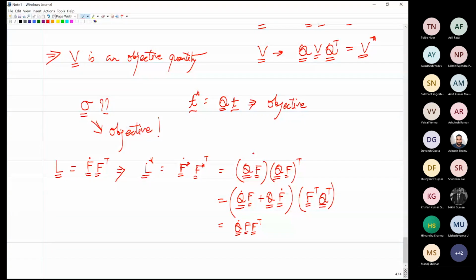Sorry, it's not F transpose. Thanks. It is F inverse.